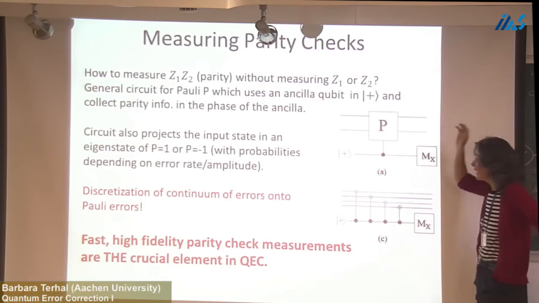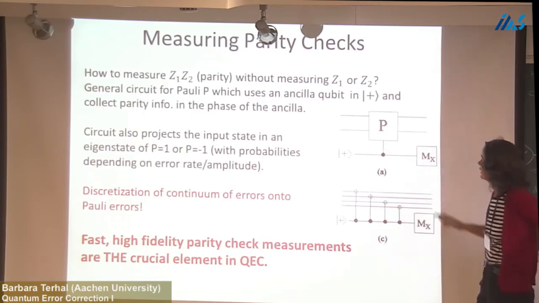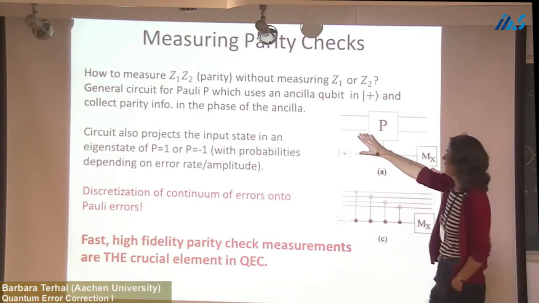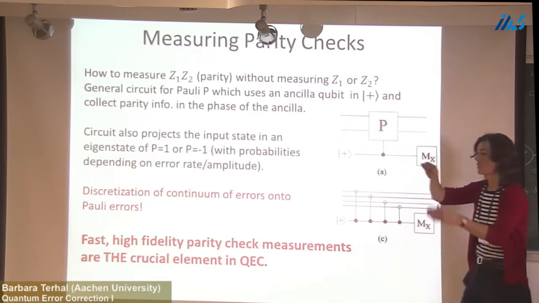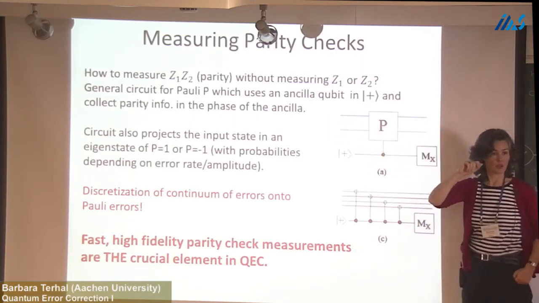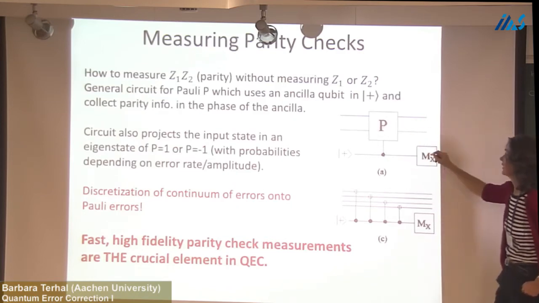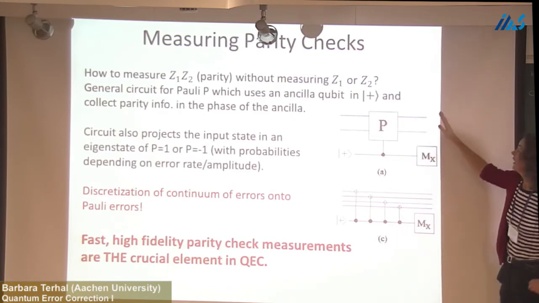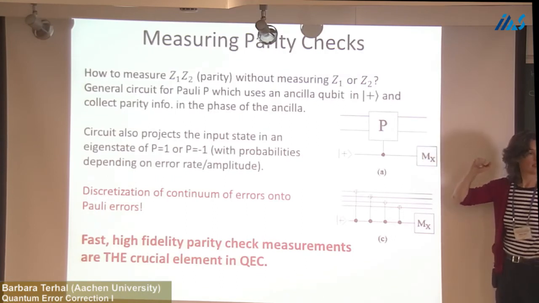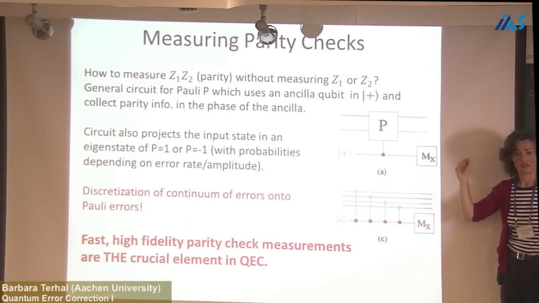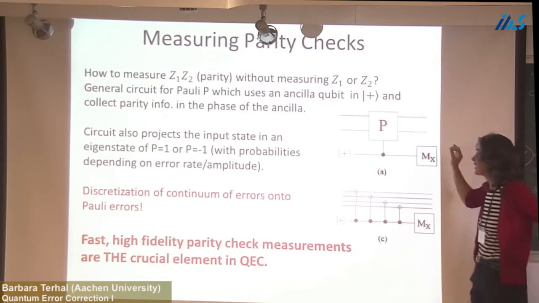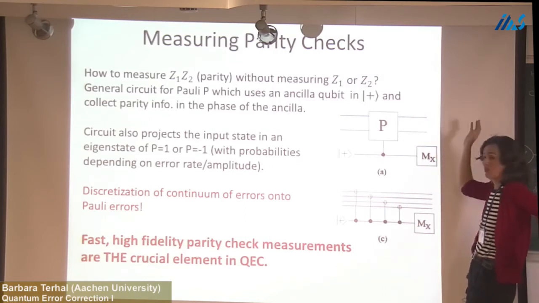So if a very tiny error occurred, let's imagine I can do this circuit, and here this input is just slightly rotated out of this code space by some angle delta. And I do this circuit perfectly, then most likely it will just be projected back in, and so no error occurs. But with some very tiny probability, I project it outside the code space.